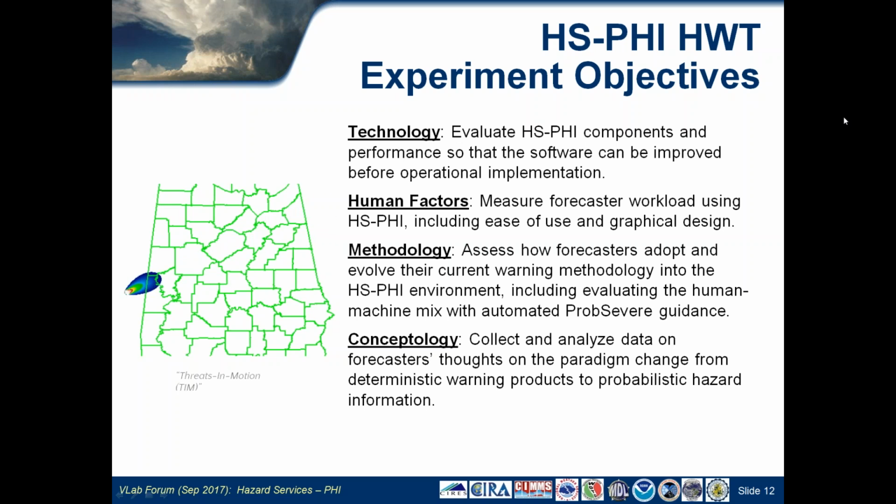We really can't do a project like this without talking with the forecasters about their thoughts on the entire paradigm change from the deterministic warning products to probabilistic hazard information. This is a real big change in the way that operations are done, but we still feel that they are definitely interconnected with the legacy as well.